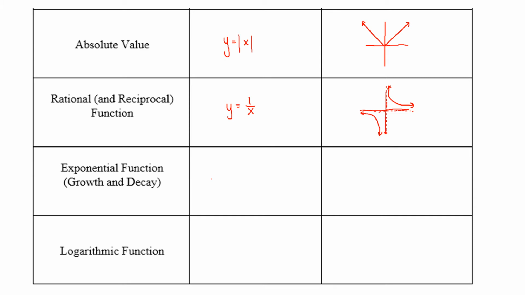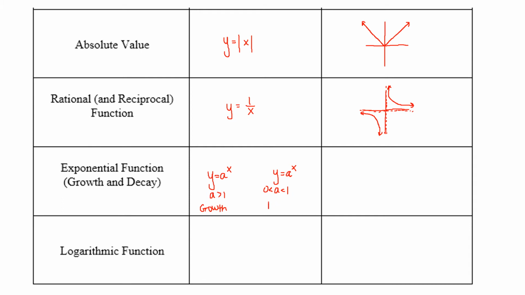For our exponential functions, we've got two different types, growth and decay. So we've got y equals a to the x, where a is bigger than 1. That's going to be growth. And we've got y equals a to the x when a is between 0 and 1, so we have a fraction.